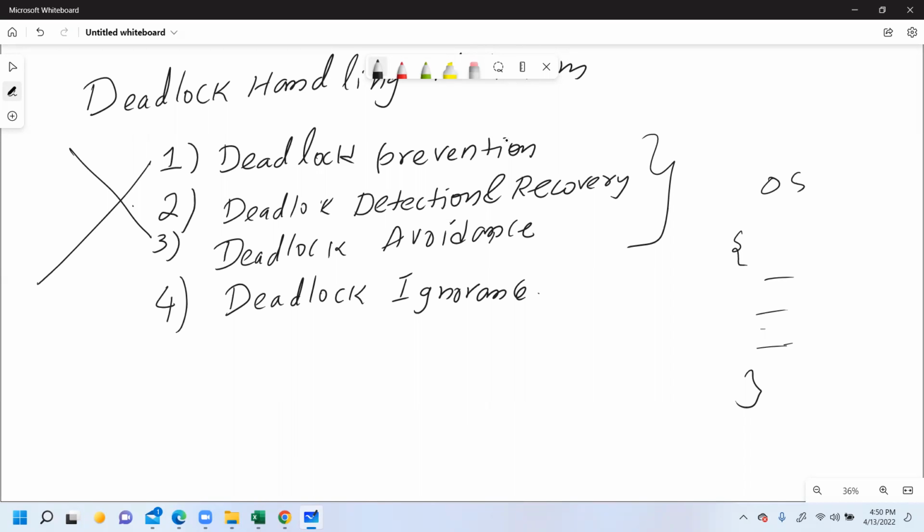So the same thing here. Dying peacefully is good, but dying in fear is not good. Anyway, I'm trying to compare. Flight accident is a rare event. Same thing, deadlock is also a rare event.